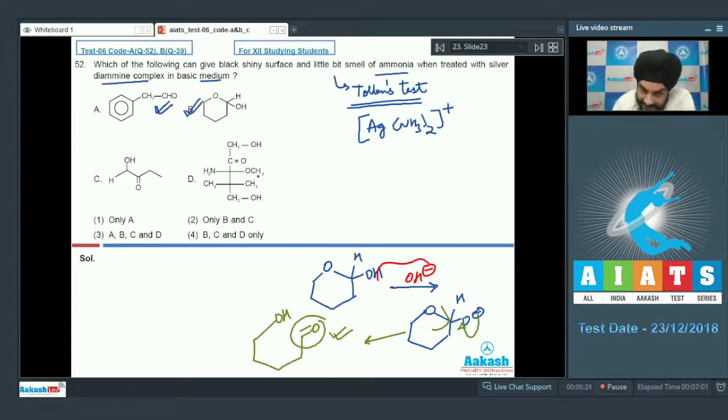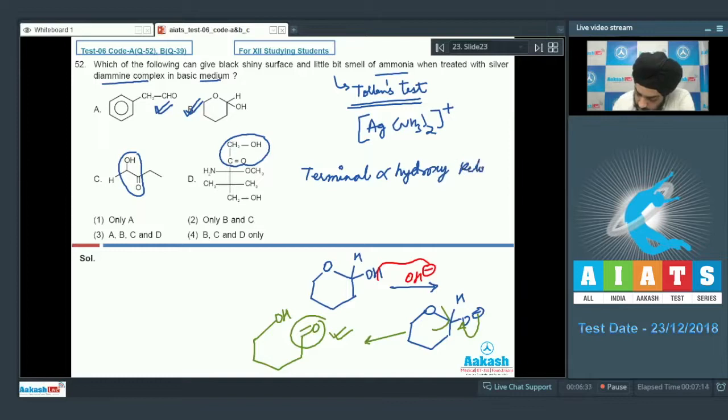If you look at the C and the D options now, students, the C and the D options are the terminal alpha hydroxy ketones. So these can undergo tautomerism to form alpha hydroxyaldehyde via the enediol.